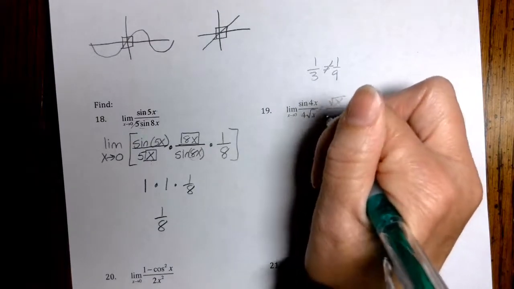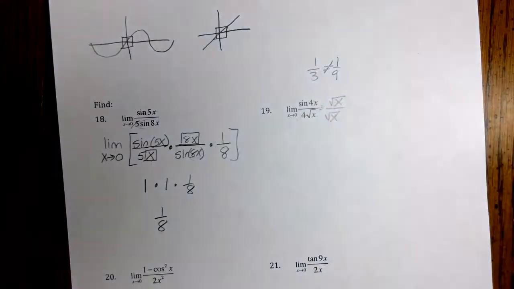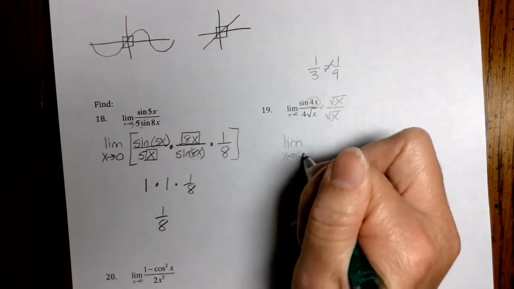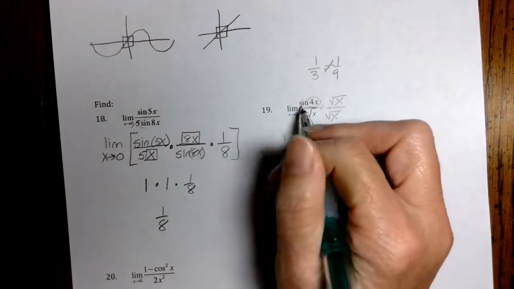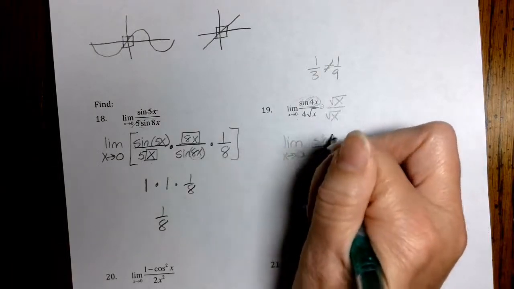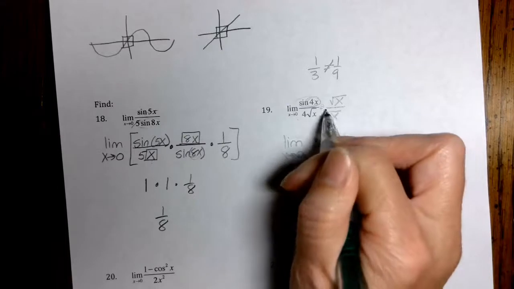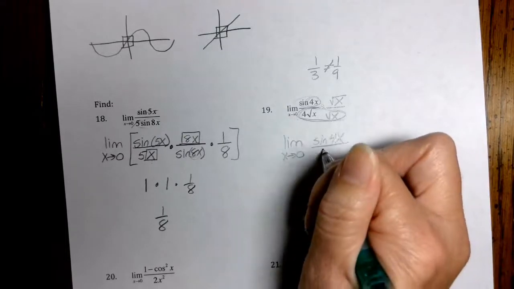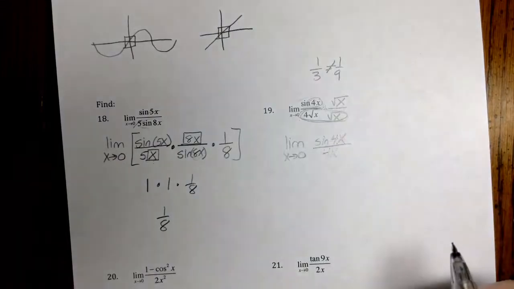I am going to multiply by the square root of x because I'm trying to get a target of 4x in the denominator. So my new expression is going to be the limit as x approaches 0 of, I'm going to keep my sine of 4x, and then the whole purpose was to create a matching 4x, so we're going to multiply those all together. We get 4x.